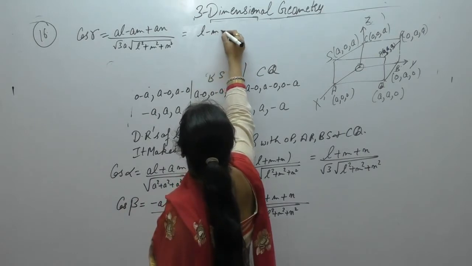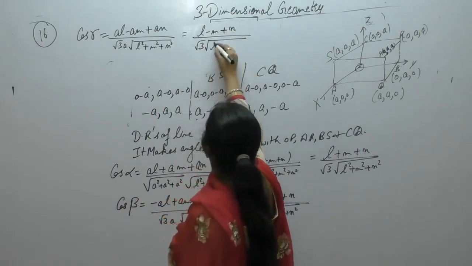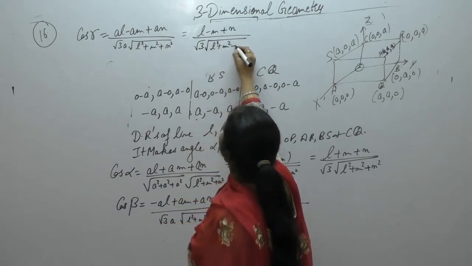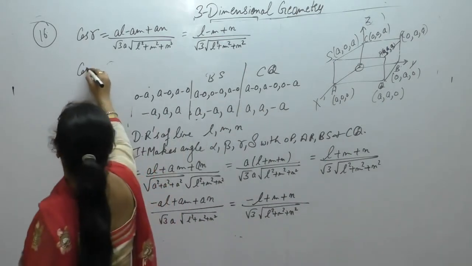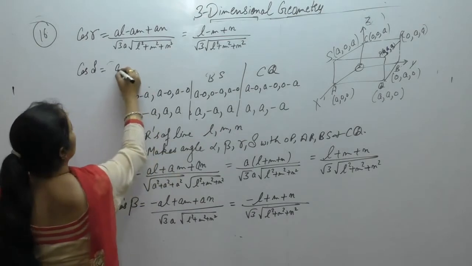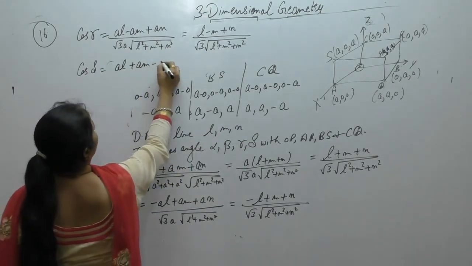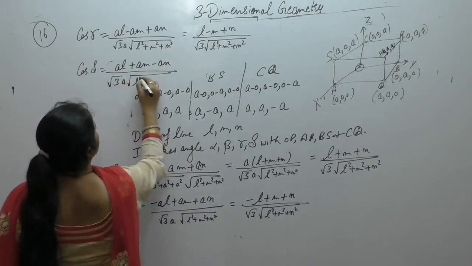So l minus m plus n upon square root of 3 square root of l square, m square and n square. Now delta is the angle between the line and the diagonal CQ. Cos delta is al plus am minus an upon square root of 3 a square root of l square plus m square plus n square.